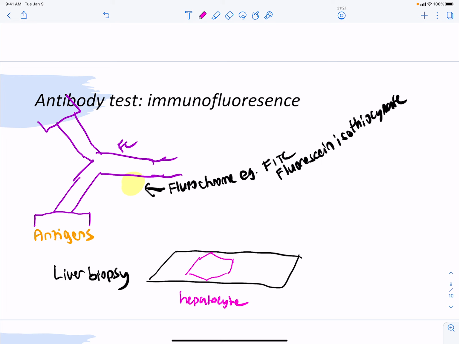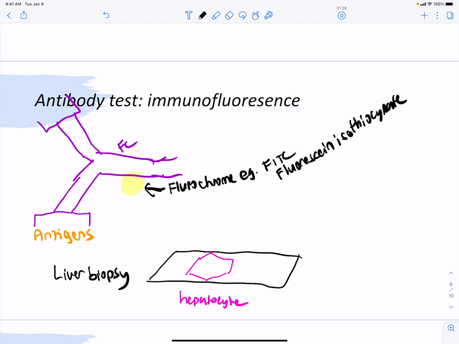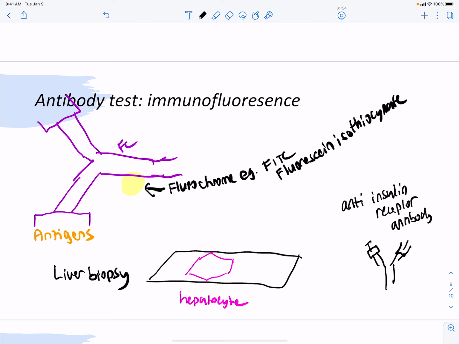And let's say that you know that the hepatocyte has an insulin receptor on its surface. So you can generate an antibody, an anti-insulin receptor antibody. And so you would make this antibody. And so this would bind to insulin receptor, so I'm putting an I there.